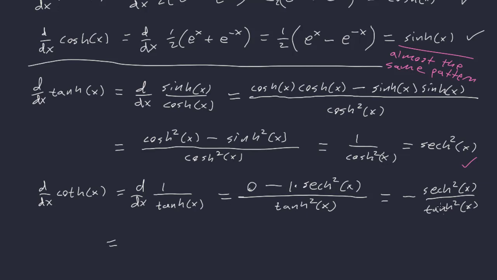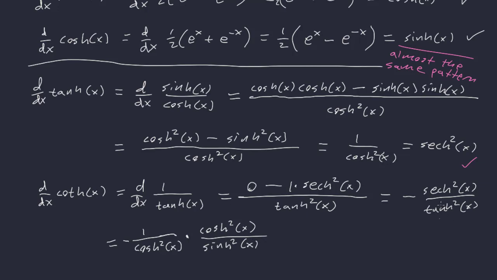Tangent h squared, so I have secant h squared, which is going to be 1 over cosine h squared. And then tangent h flipped over, that's of course cotangent h. So this will be cosine h squared x over sine h squared of x.